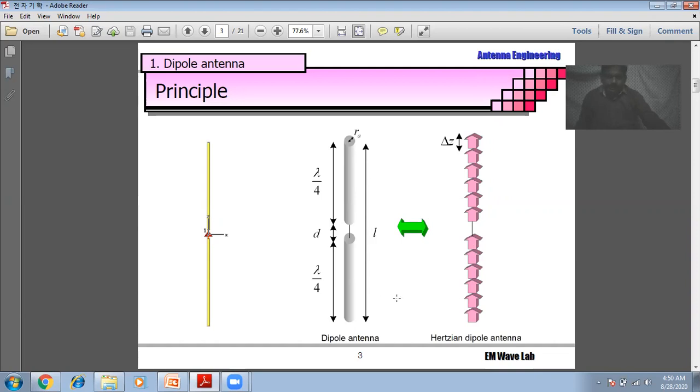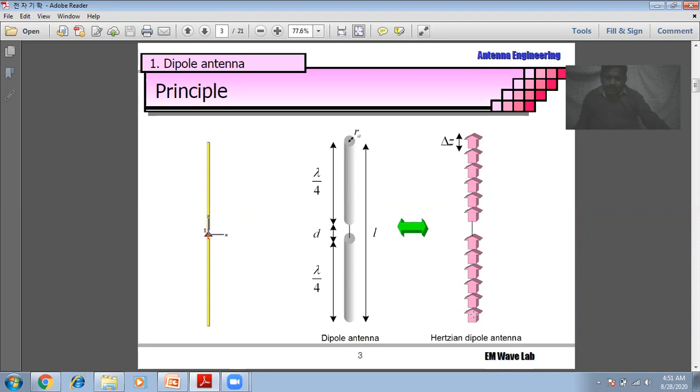Here each and every element is called a current element. This is one current element, this is another current element, this is another current element. So the Hertzian dipole antenna is nothing but a current element. Here the distribution of the current in this Hertzian dipole is assumed to be constant.